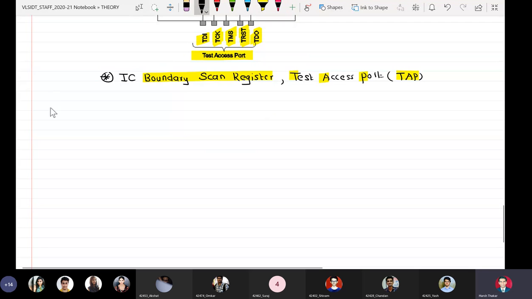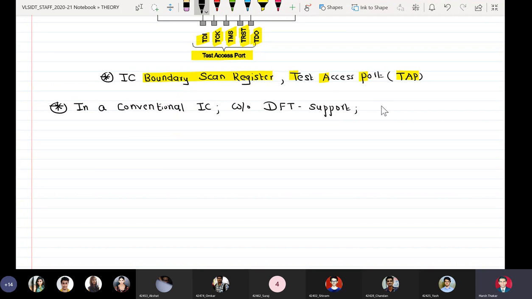Okay, so we can therefore make a statement that in a conventional integrated circuit without DFT, design for testability support, the IO pins are directly connected to the core logic.